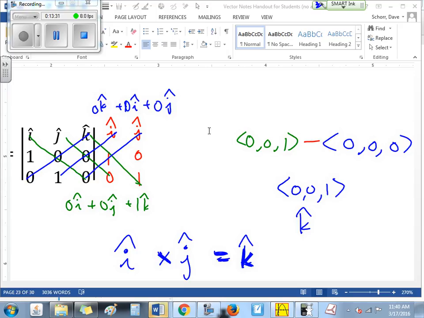They are responsible for the movements in the I direction, also known as the X direction, the Y direction, and the Z direction, respectively. So not only are they unit vectors, and they all have their own individual directions, they share this relationship. I cross J is always K. All right? Okay, so we'll talk more about that a little bit later.